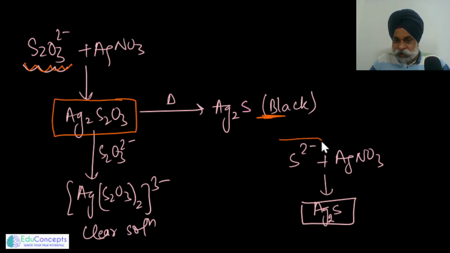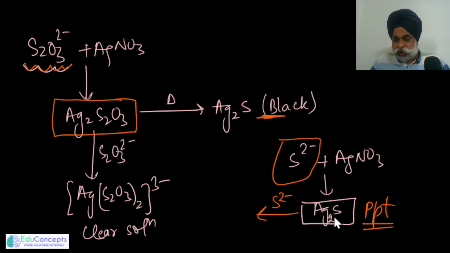Had I started with the sulfide ion, I directly would have got these precipitates which are black in color, which on heating would not give a black precipitate. So this would not be decomposable, and if I add excess of the salt, it would not solubilize. So the point here is that we get thiosulfate ion as the answer to this particular problem.